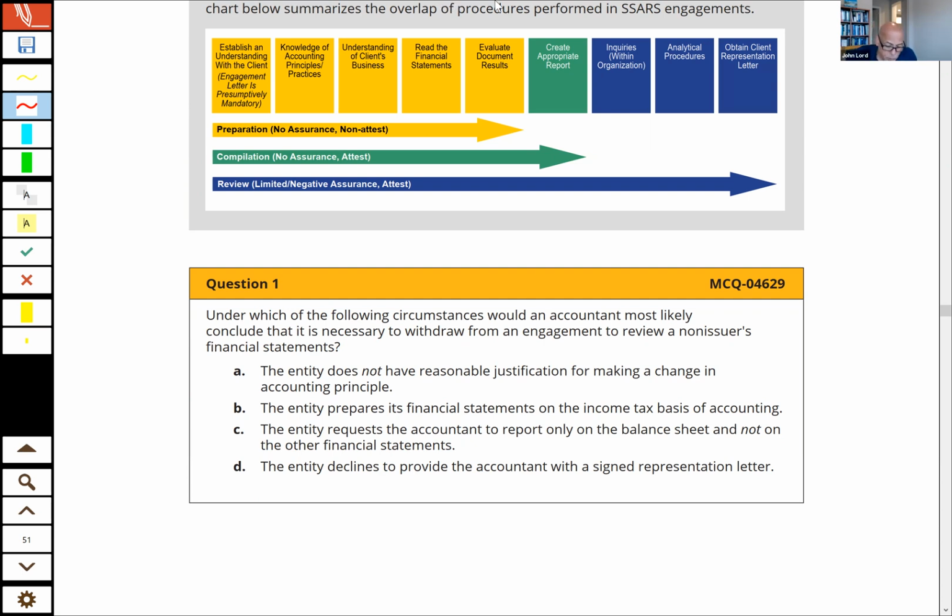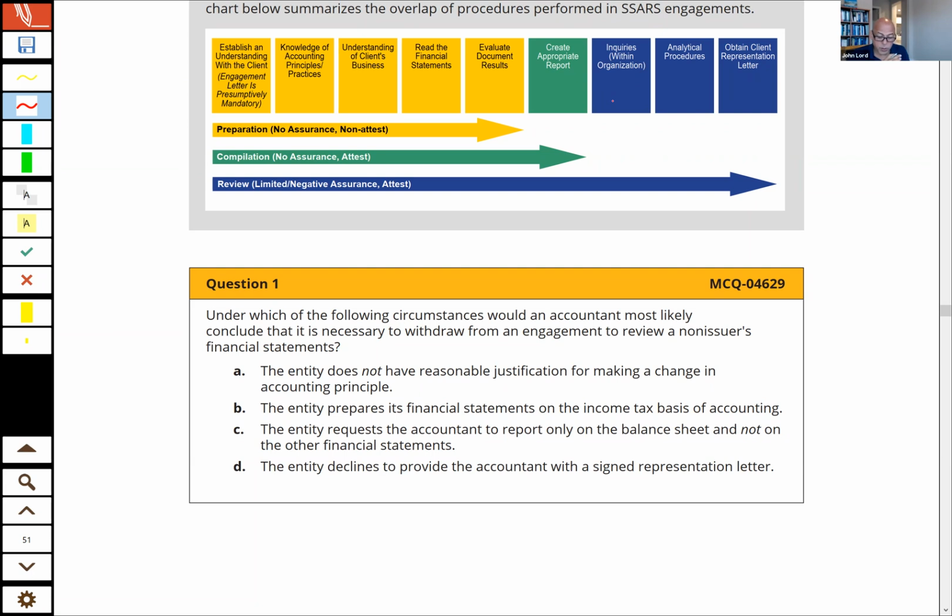Now, the way to look at this question is you say, well, let's see, what am I required to do in a review? Okay, because they say what would cause you to withdraw. And you know that if you're withdrawing, that means you weren't able to complete something that you have to do in a review, right? So if the entity does not have a reasonable justification for making a change in accounting principle, what would you do in a review?